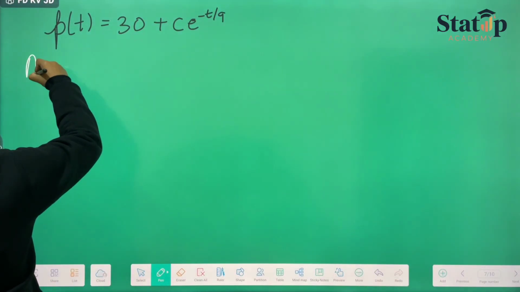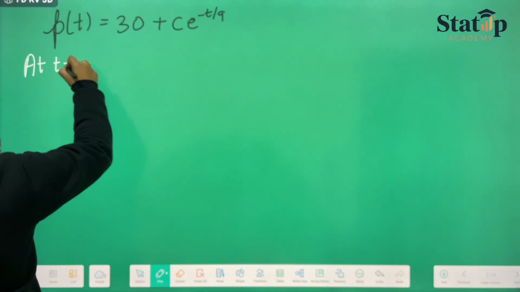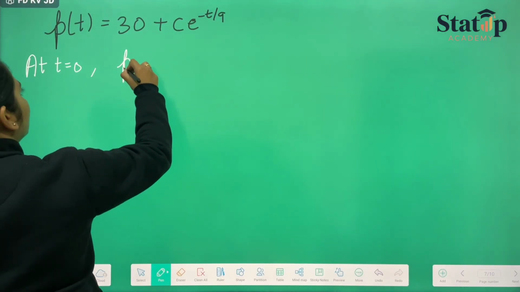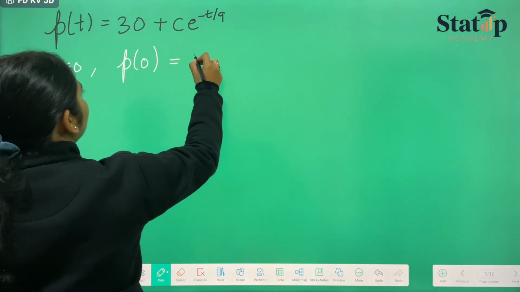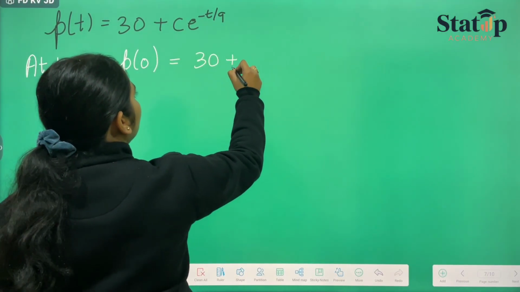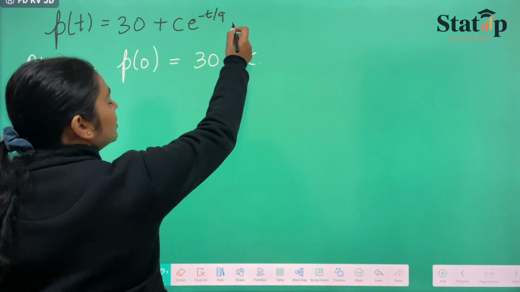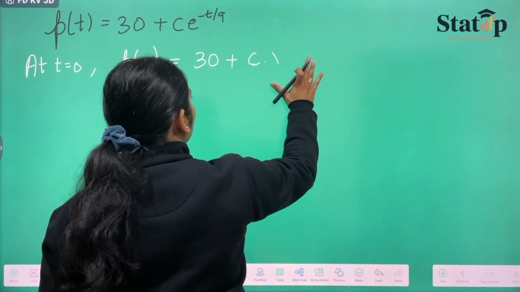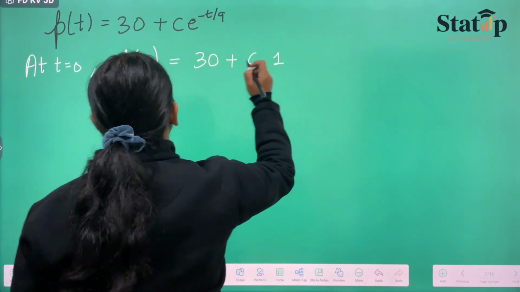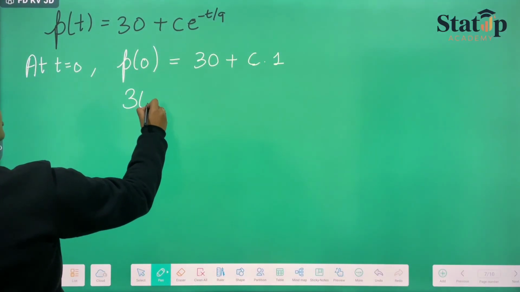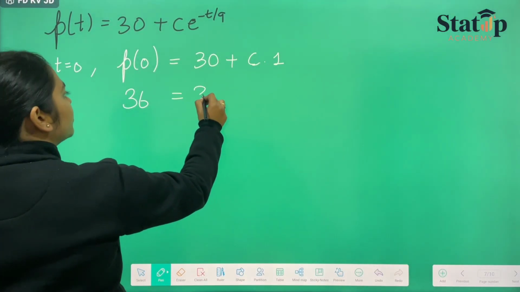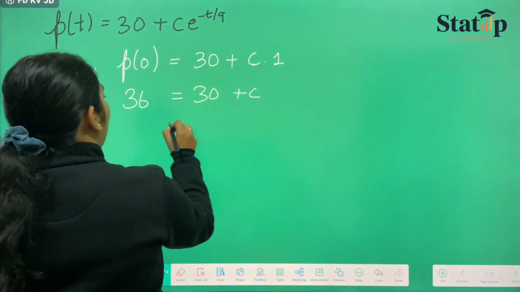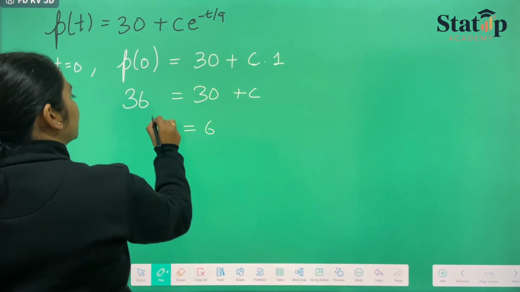At t equals to 0, p0 equals to 30 plus c e raised to the power 0 would be 1. So I'm just writing c into 1. So this would be 36. Initial price was 36 equals to 30 plus c, and the value of c from here is 6.